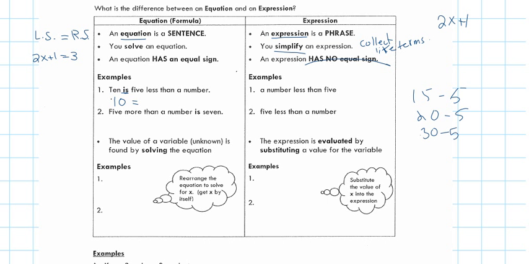So x minus 5. You see? 5 less than 15, 5 less than 20, 5 less than 30, 5 less than x.